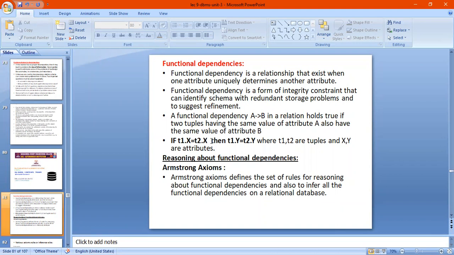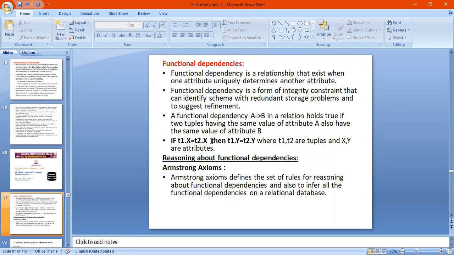A functional dependency A determines B in a relation holds true if two tuples having the same value of attribute A also have the same value of attribute B. If t1.X equals t2.X, then t1.Y equals t2.Y, where t1 and t2 are tuples and X, Y are attributes.